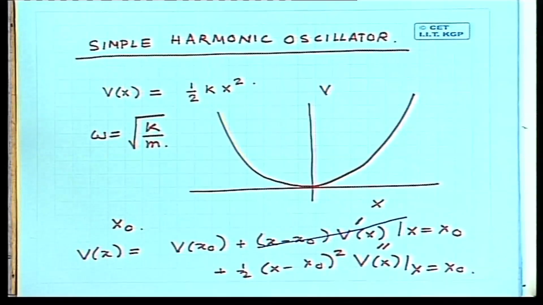So if you want to study small disturbances around some equilibrium point, then the potential is quadratic around the equilibrium point. So if you want to study vibrations of atoms in a solid, for example, if you disturb them slightly from the equilibrium point, you can approximate the vibration as if the particle were moving in some simple harmonic potential for small vibrations. If the vibration is large, this approximation breaks down. But for small disturbances around the equilibrium, the potential is quadratic.